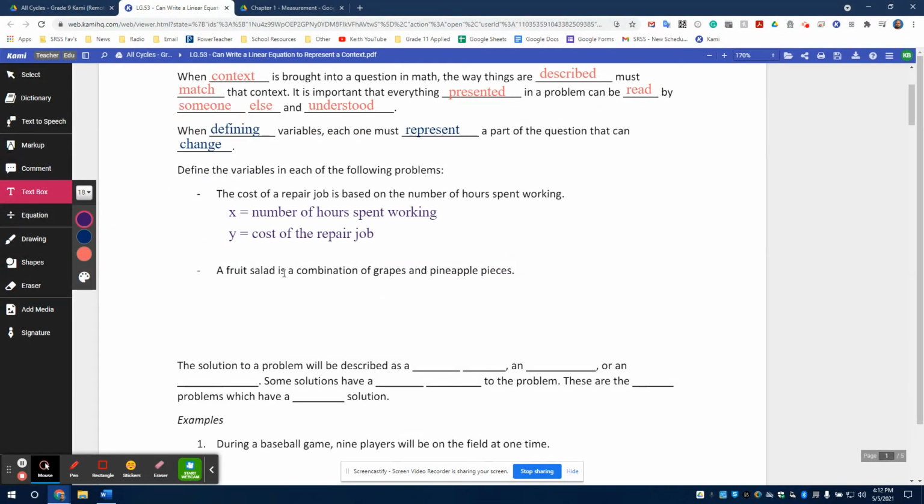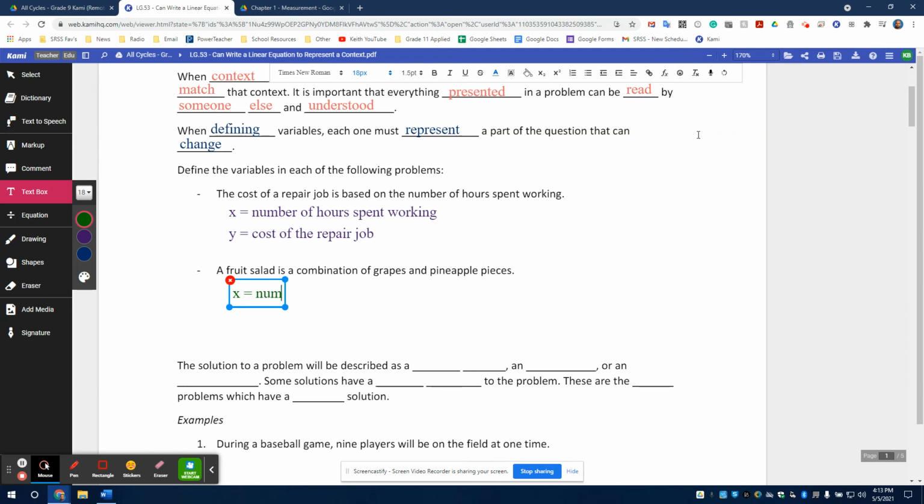Here's another one. A fruit salad is a combination of grapes and pineapple pieces. Well, the fruit salad is going to be the total, and there's going to be a number of pieces. We're not too worried about that, but there's going to be a bunch of grapes and a bunch of pineapple pieces. So those are going to be our two variables. So we're going to define that.